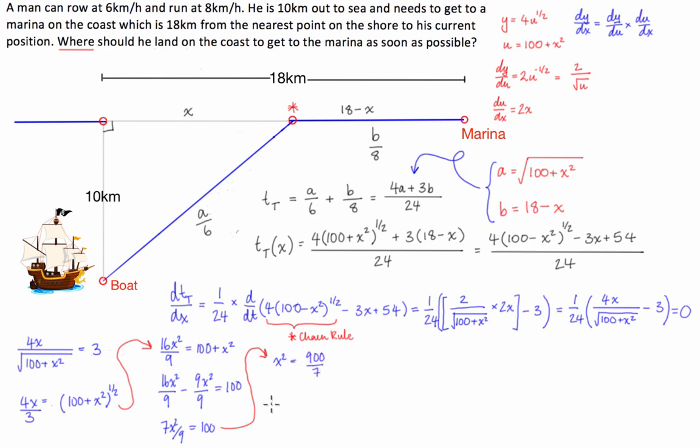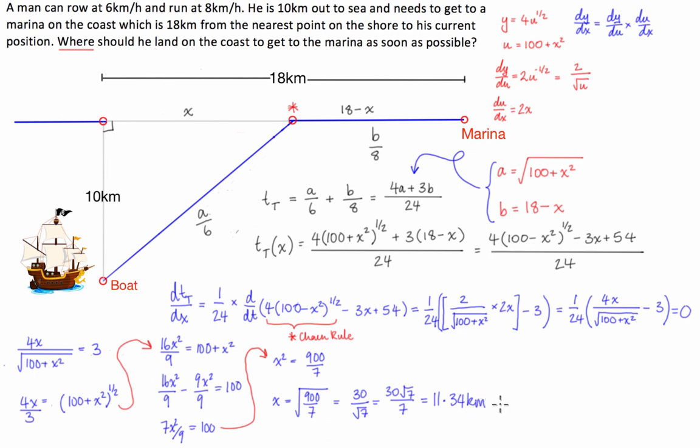And then x is going to be equal to the square root of 900 on 7, which is equal to the square root of 900, which is 30, on the square root of 7. If we were to rationalize the denominator, we would get 30 root 7 on 7, which is equal to approximately 11.34 kilometers.